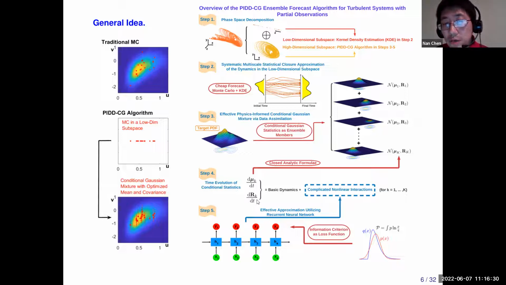So we need to be very careful in designing this neural network. And here we use an information criterion as a loss function because the information criterion allows us to compute the difference between the 2 PDFs. One is the truth, one is the one that corresponds to the neural network. And these PDFs can eventually be made by these moments. So that's why, when we forecast moments, it's better to use an information criterion than the traditional L2 norm as a loss function.